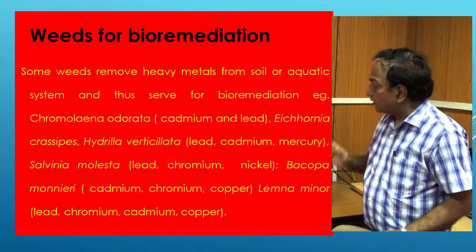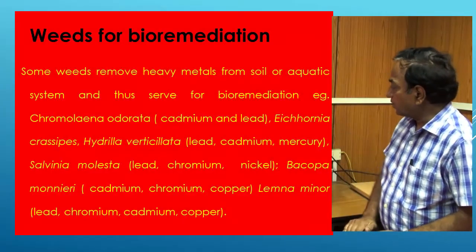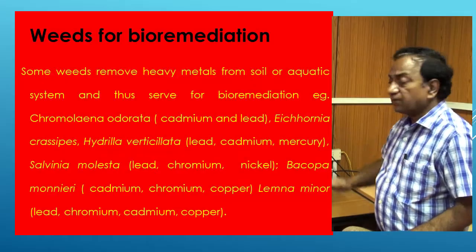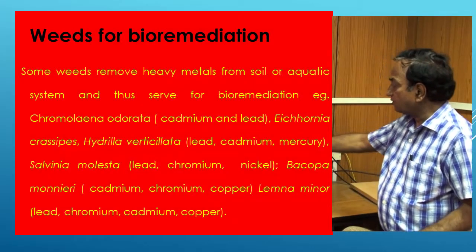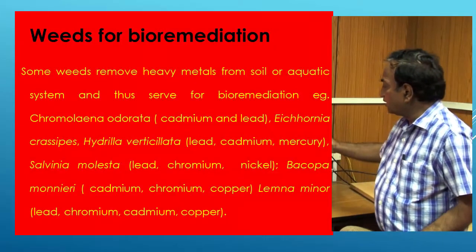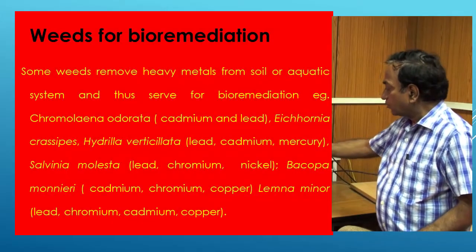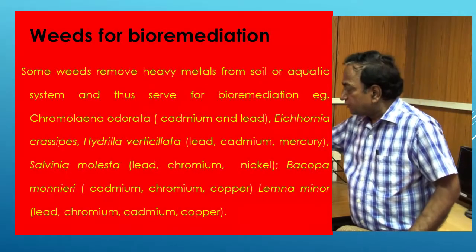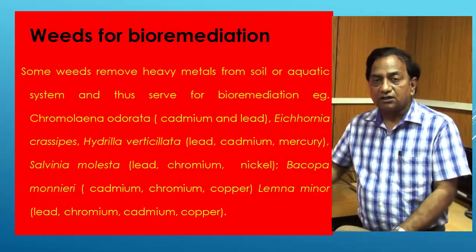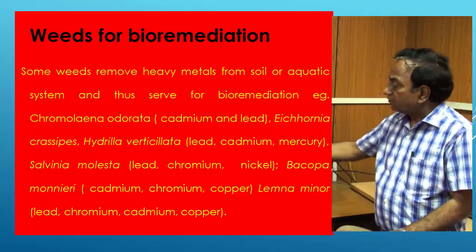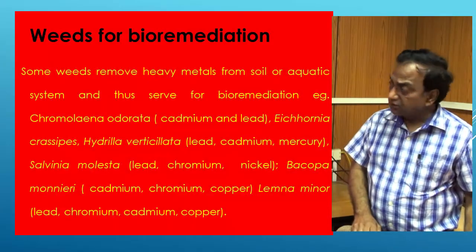For that, certain plants are useful. And what are those? Chromolaena odorata absorbs cadmium and lead. Similarly, Eichhornia crassipes and Hydrilla verticillata also absorb lead, cadmium, mercury. Salvinia molesta absorbs lead, chromium, nickel. Bacopa also absorbs cadmium. So they are planted around the drained water so that these heavy metals are absorbed by these plants, weeds.